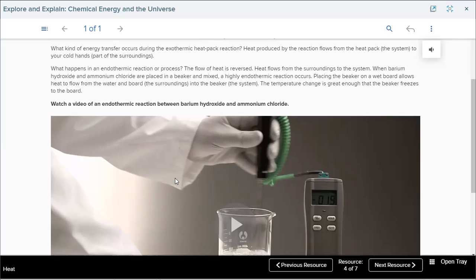Right. Excellent, Mariam. Exothermic reactions release energy, so they are called exothermic reactions. While endothermic reactions need an amount of energy. So that is the difference between endothermic and exothermic reactions, right?